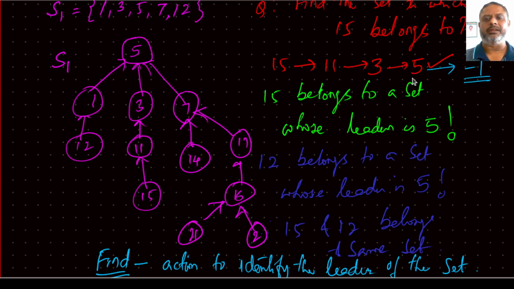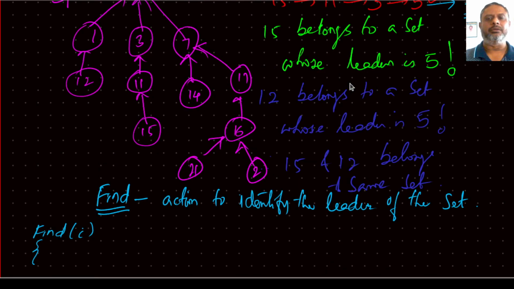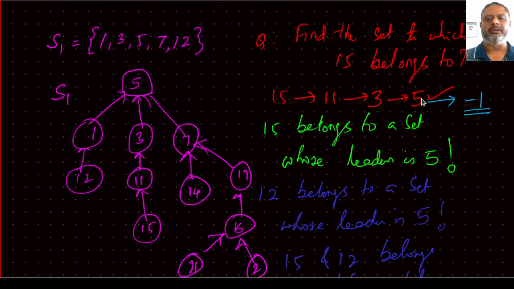So the last one before reaching minus 1 was the root. That's the logic. We are trying to find the root.